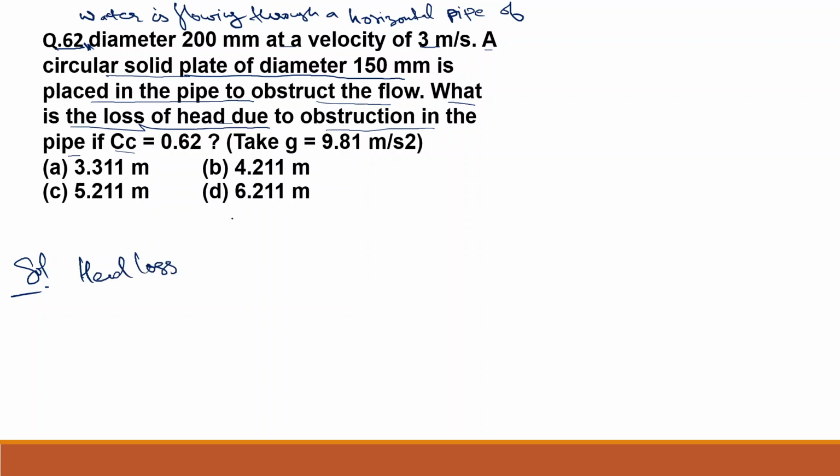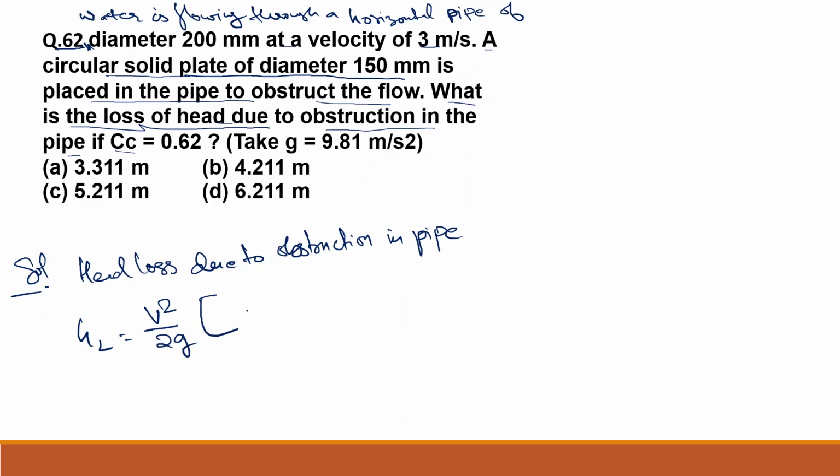Head loss due to obstruction in pipe. HL is equal to V square upon 2g, into A upon Cc times small a, where A is the area of pipe, minus small a, the area of obstruction, minus 1, whole square.